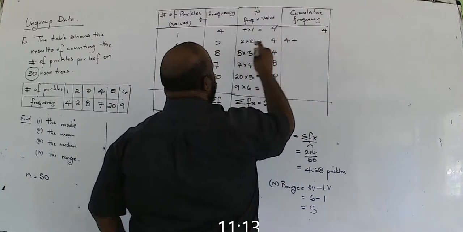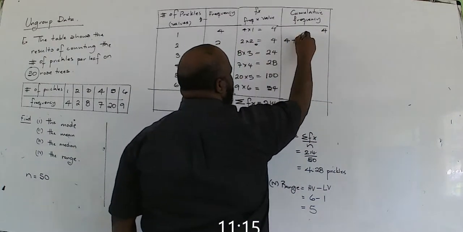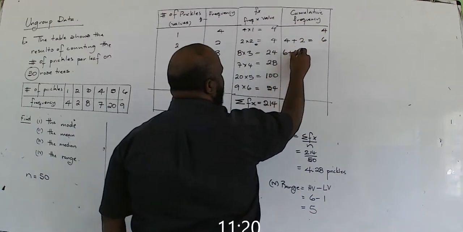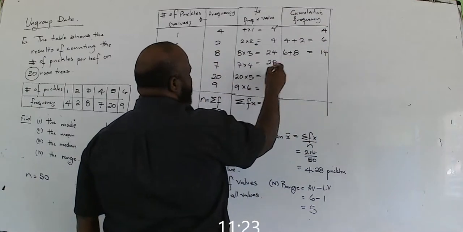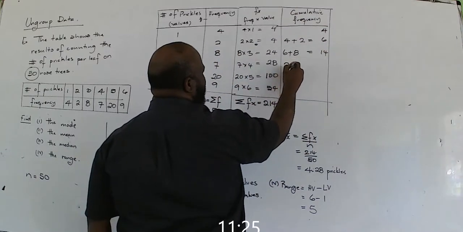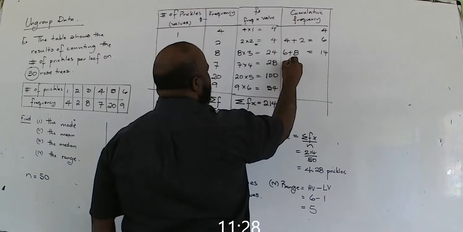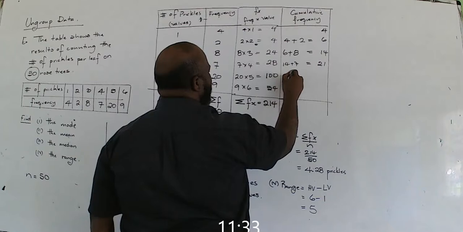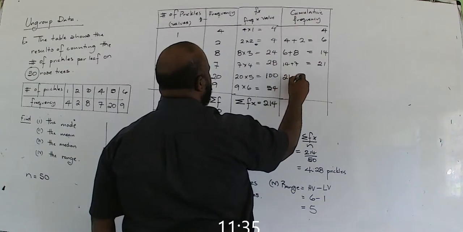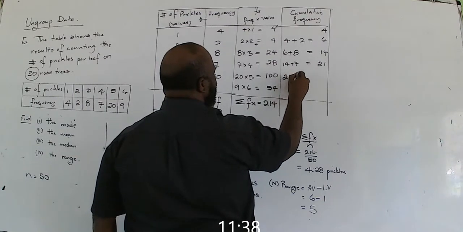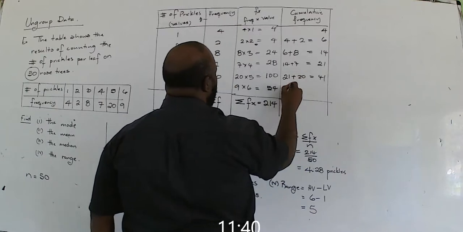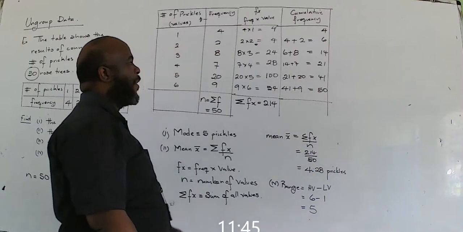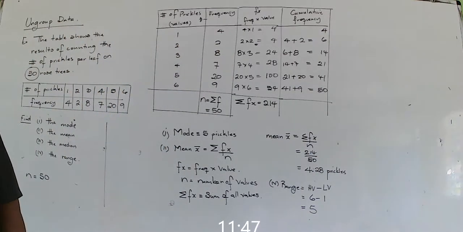Then 4 plus 2 is 6. Then 6 plus 8 is 14. Then 14 plus 7 is 21. Then 21 plus 20 is 41. 41 plus 9 is 50. So we're adding up the frequency as we go down.